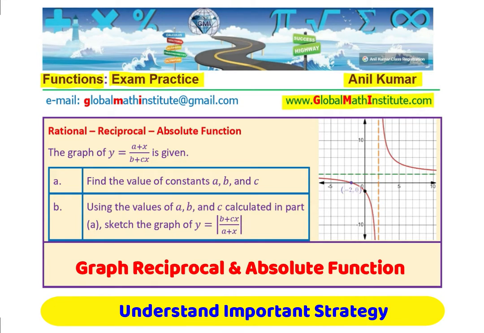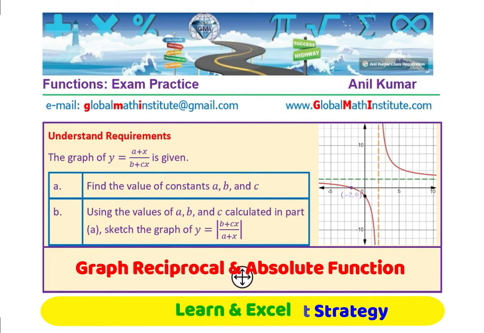A very beautiful question which has come a couple of times recently, and how we solve it is very important for all those who are taking IB higher level mathematics. So let us see how we do it.